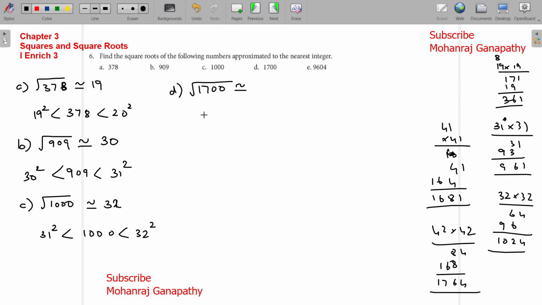So it lies between 1681, which is 41 square, and 42 square, which is near to that. So 41.